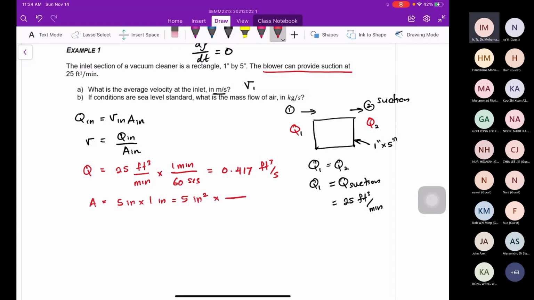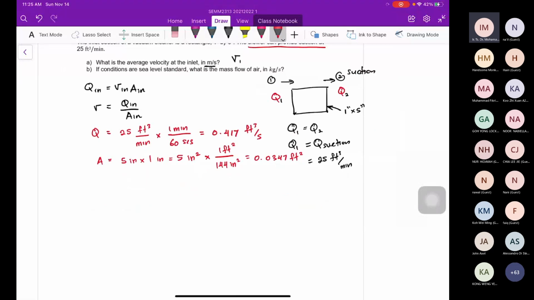I need to convert into feet. 1 feet squared equals 144 inch squared. You will get 0.0347 feet squared.